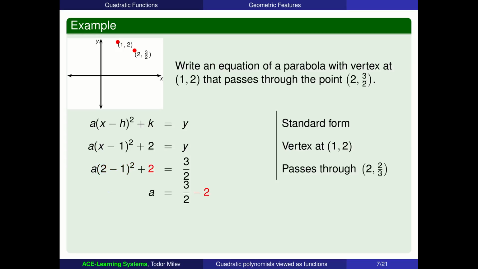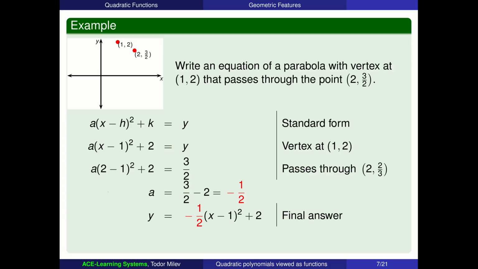And I can transfer 2 to the right hand side. Of course, it acquires a minus when transferred to the other side of the equality. And finally, 3/2 minus 2, that equals negative 1/2. I have found my number a, and so I know the standard form of my parabola.